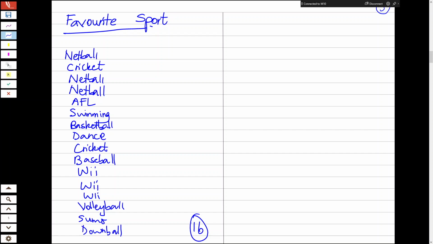So, wouldn't it be nice if we had a picture or a table that summarized the raw data for us? That's what we're going to do now. So, the first thing you want to have is a frequency table.